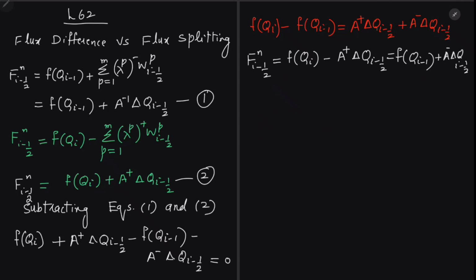So we can also write it as Fn i minus 1 half is equal to a plus qi minus 1 plus a minus qi minus a minus qi minus 1.